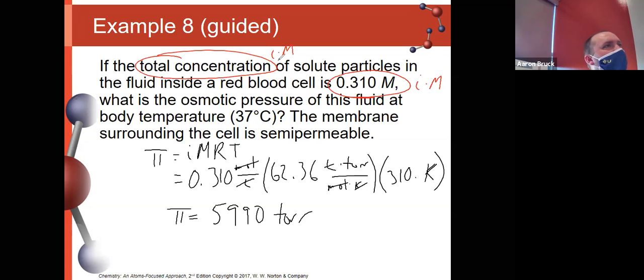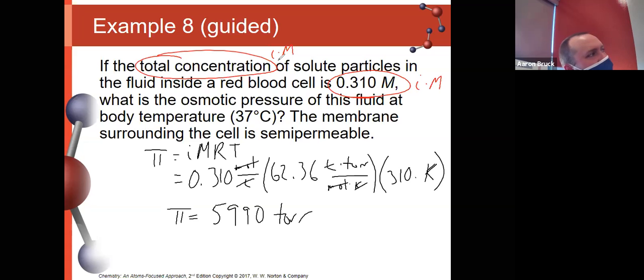So one thing that is really interesting about osmotic pressure is that we can get very measurable numbers from very dilute solutions. Because you got to think about this. This was a 0.3 molar solution. How many times have we worked with solutions that were at or near that concentration over the course of our semesters?